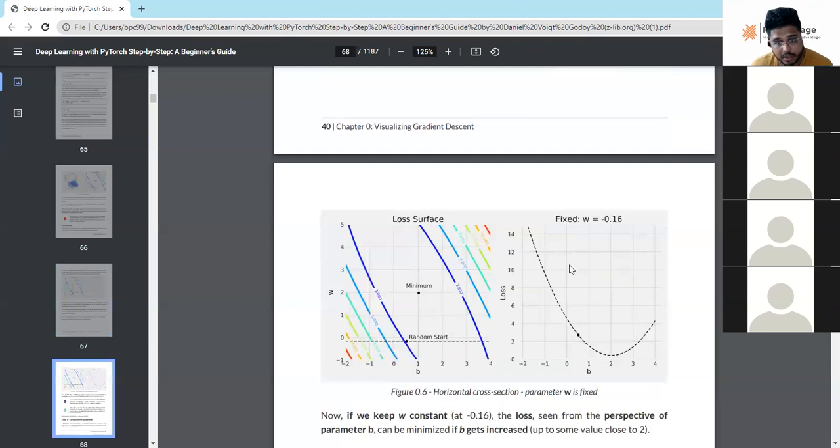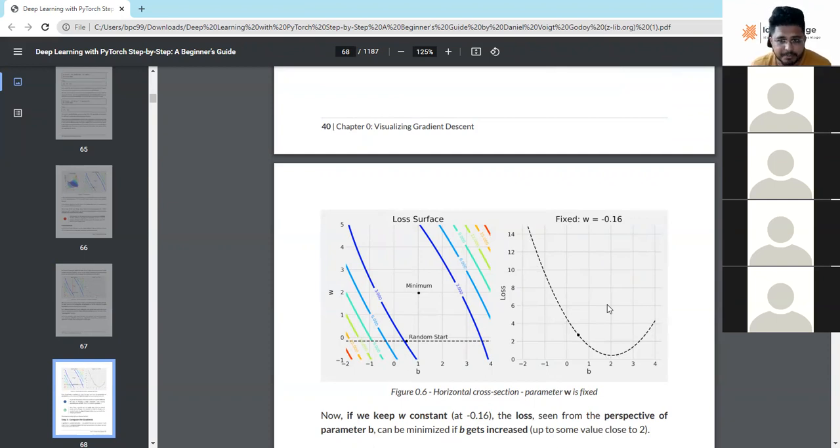But if B changes from 0 to 1, loss changes a lot, because the slope of the graph is too much. So that means the graph has a steeper slope for the independent parameter B than the independent parameter W.